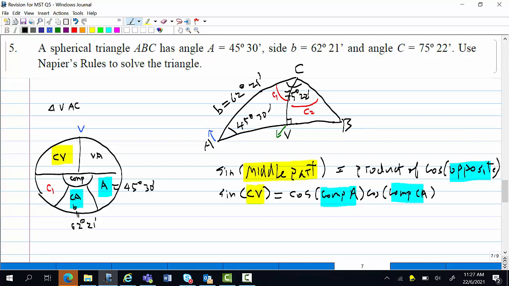Now cosine of comp A you can convert to sine of A, and cosine of comp CA you can convert to sine of CA. Sine of A is 45 degrees 30 minutes, and CA is 62 degrees 21 minutes, and we find the product is 0.6317.